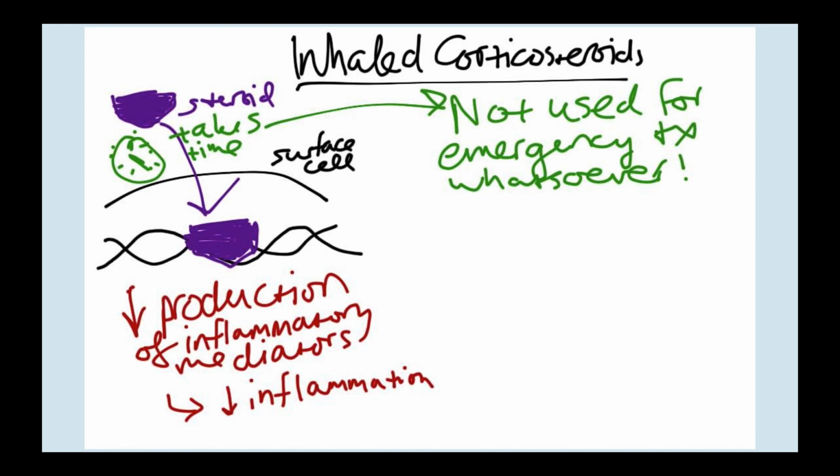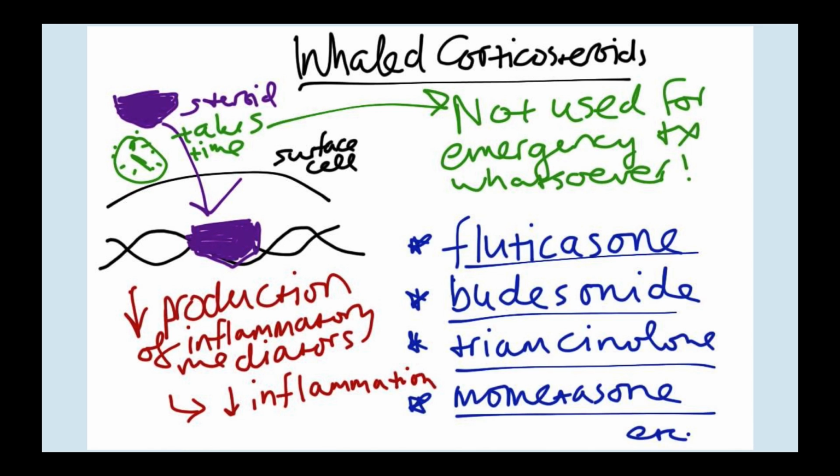That takes time. So corticosteroids are never used for emergency treatment whatsoever. Never, never, never, never. Some examples of corticosteroids include fluticasone, budesonide, triamcinolone, and mometasone. You just want to know the names of these and know they're corticosteroids. You don't need to know the differences between them. That's not important. We're not pharmacists.